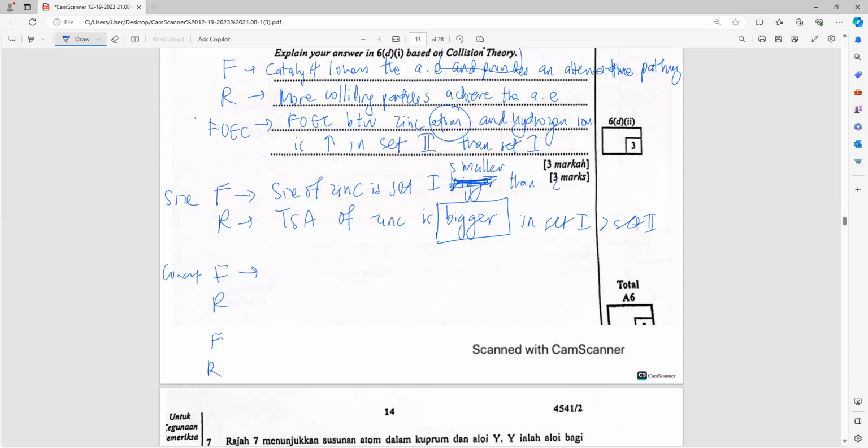Let's say I say my concentration in experiment 1 is higher than experiment 2. Concentration of what? Cannot just put concentration. Now let's say teacher says my concentration of hydrochloric acid in experiment 1 is higher than experiment 2. So then, what's my reasoning?